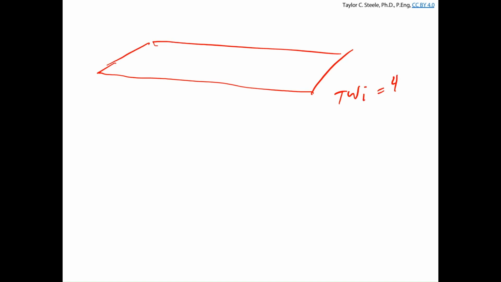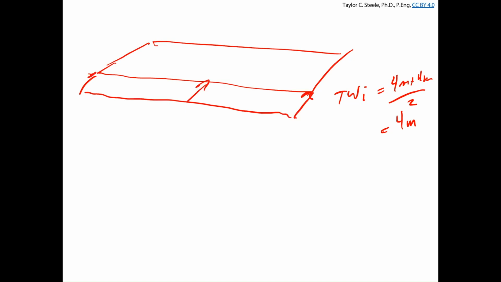And if we want to calculate W, the uniformly distributed load on the floor, that's going to be the pressure times the tributary width for that height. That's 0.94 kPa times 4 meters, which should be something.